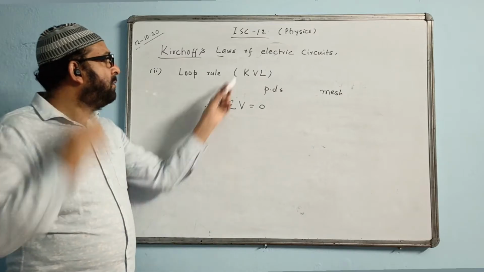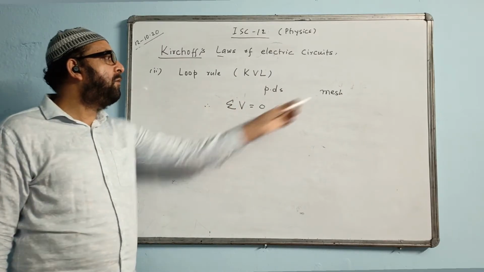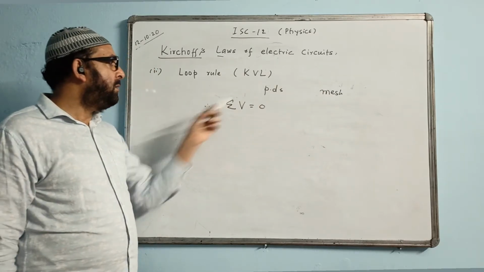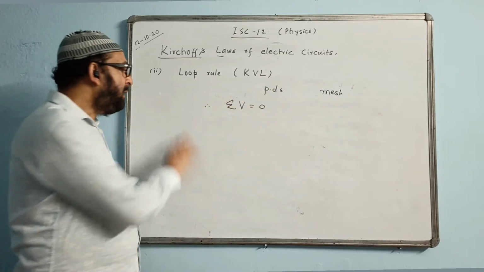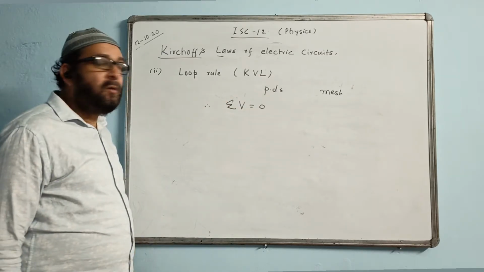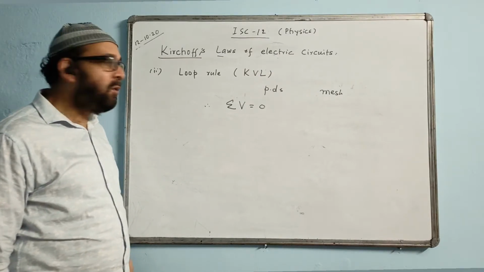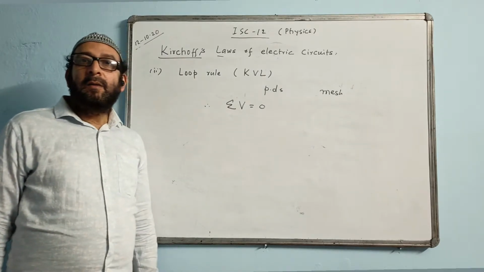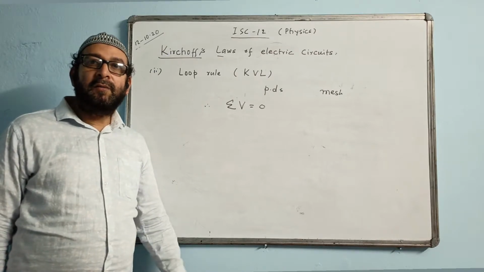This law is called Kirchhoff's voltage law, or the loop rule, or we can call it mesh. Loop means mesh, a closed path is called a loop or the mesh. Then write immediately, this law is the consequence of the law of conservation of energy.